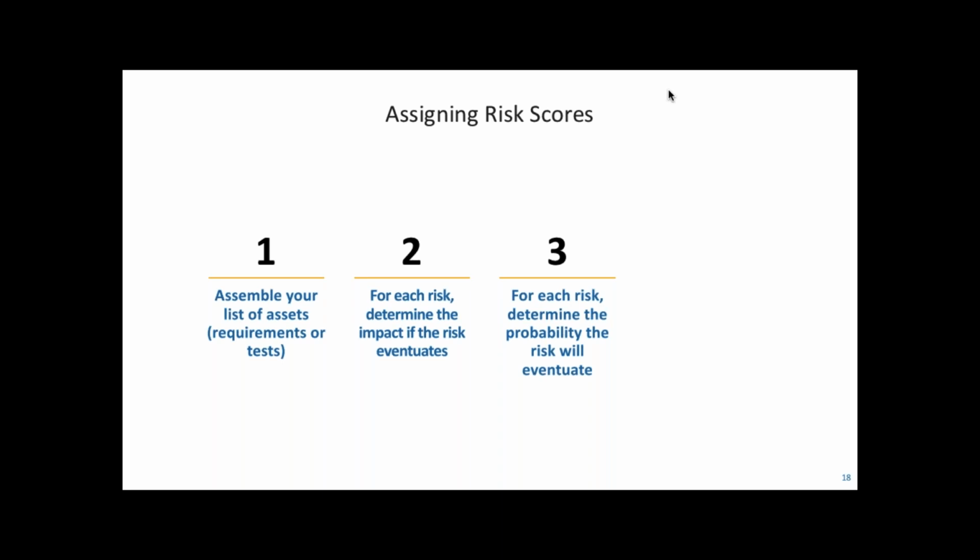But if it's a more mature process, a more mature feature, then our probability, the likelihood, is lower. And then you want to calculate the risk score, and that would be a combination of utilizing the impact and the probability. And we're going to talk about different formulas that you can use shortly.